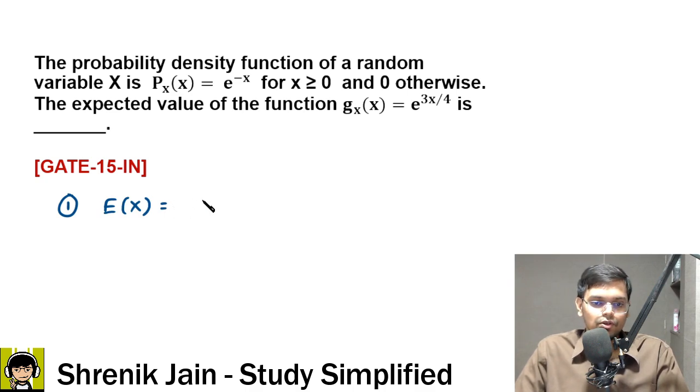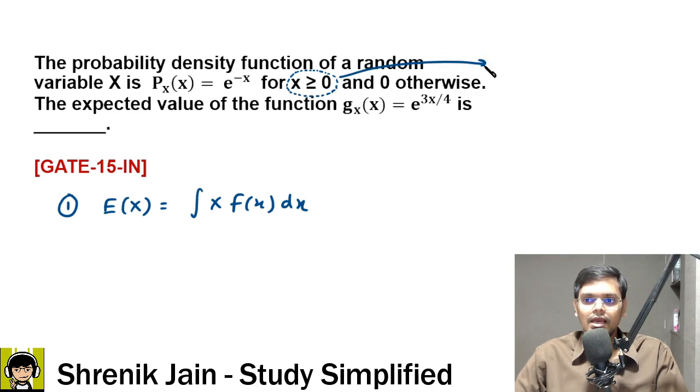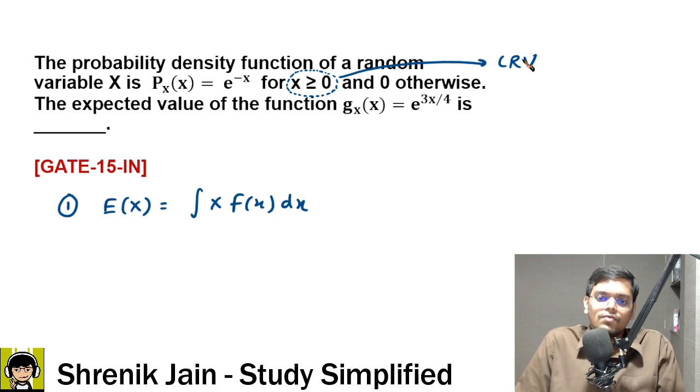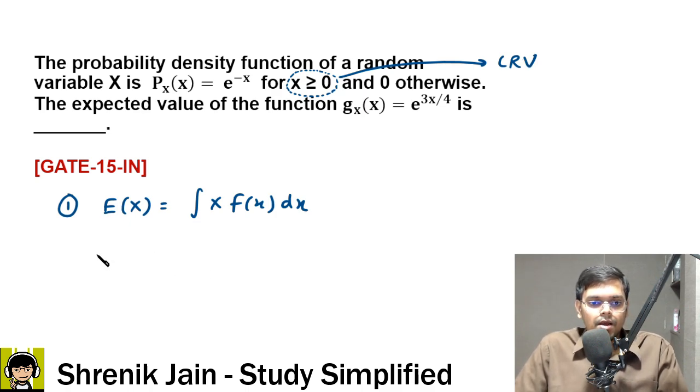So E of x, you know that it is integral x f of x dx when you are dealing with a continuous random variable. Sir, how do you know it was a continuous random variable? Because x is greater than or equal to 0; x is in a range. This represents a continuous random variable, so therefore integration. But they needed E of g of x.